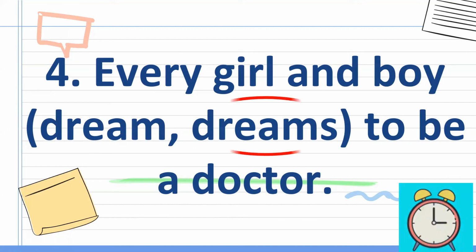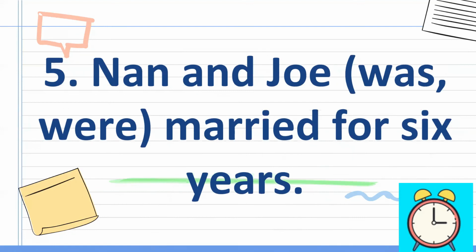The correct answer here should be dreams. Why? Because every means only one. Lastly, number 5. Nan and Joe were married for 6 years. The correct answer for number 5 is were, because Nan and Joe tells us a compound subject.